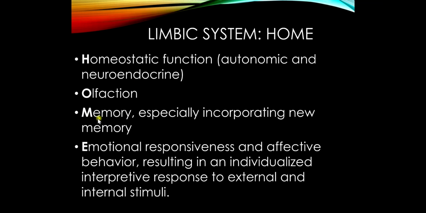Memory, in an area in the limbic system called the hippocampus especially, is very important, especially for laying down new memories. Okay, and then a lot of the limbic system, we'll mention the amygdala and other areas, are critical for the unique way each of us respond to emotional stimuli.